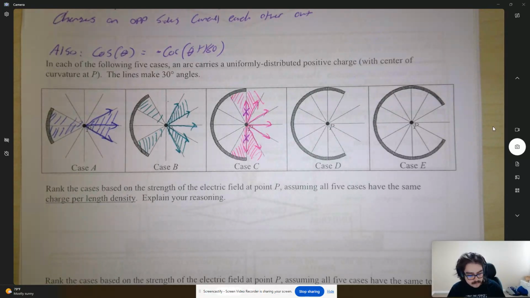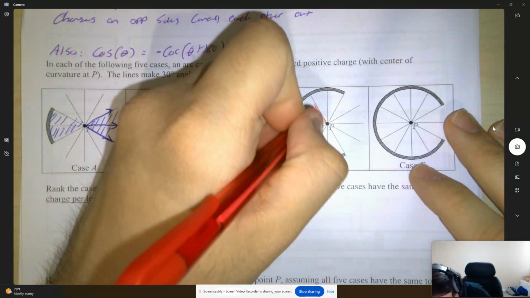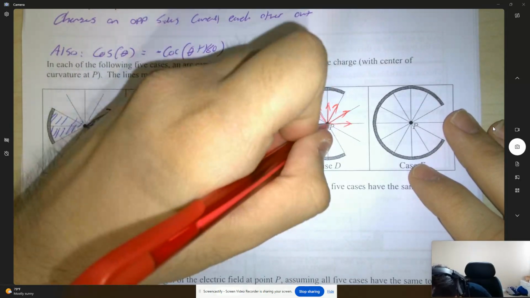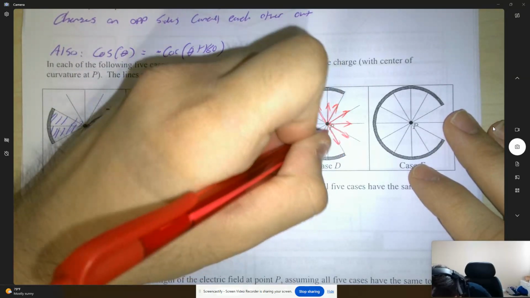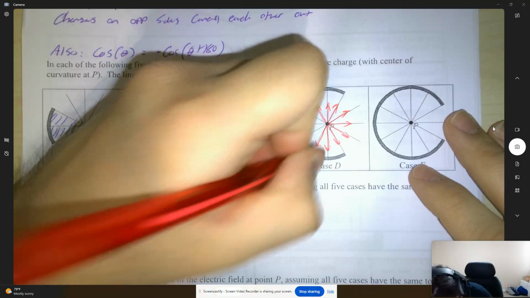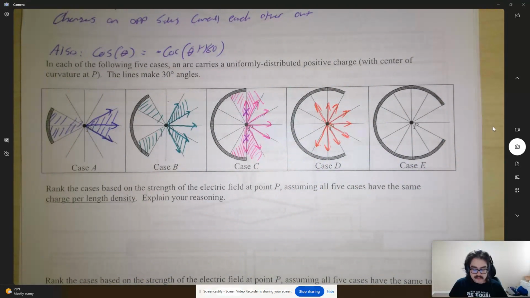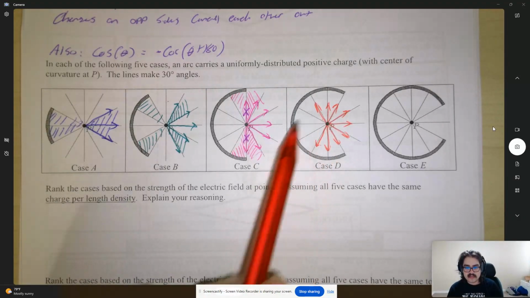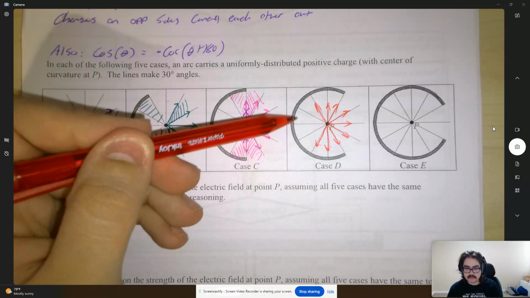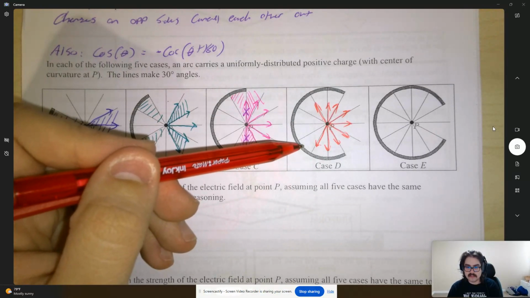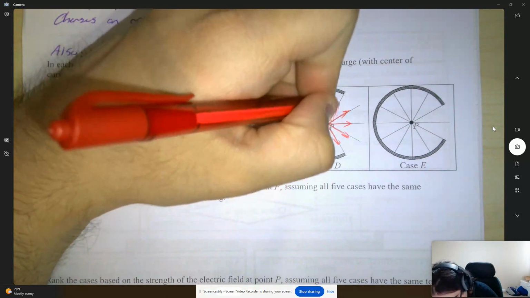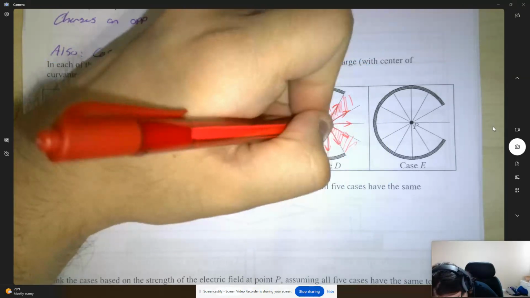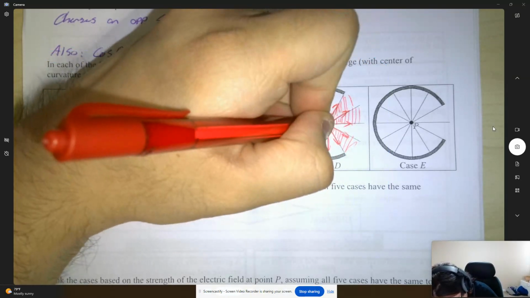In case D, now you've got electric field almost entirely encompassing your charge, or your point. And you'll notice that what happens in case D is that the only space, the only cheese in the pizza that's applying electric field here is going to be these parts and these parts here, right here as well.